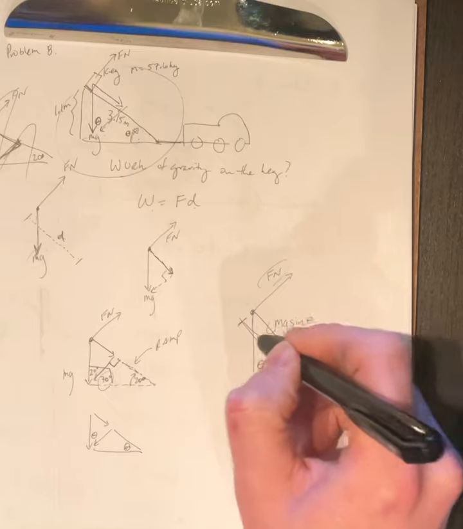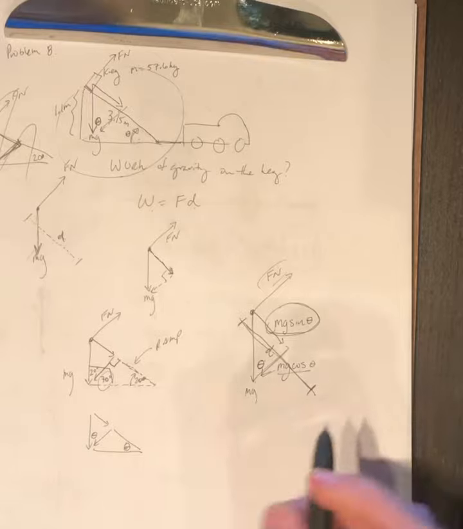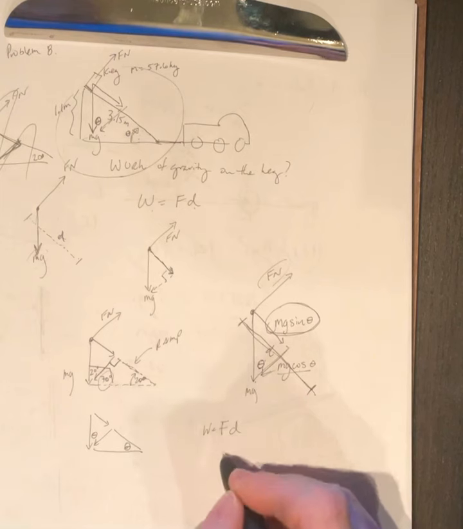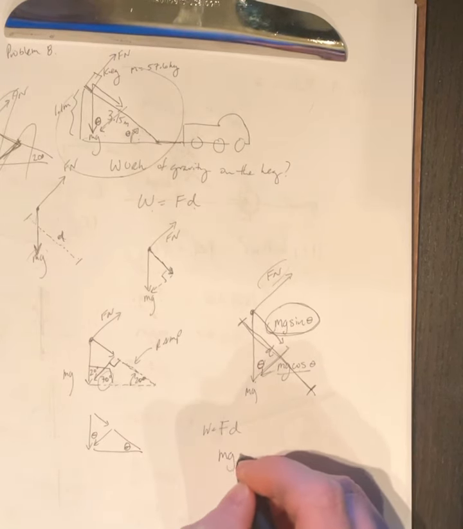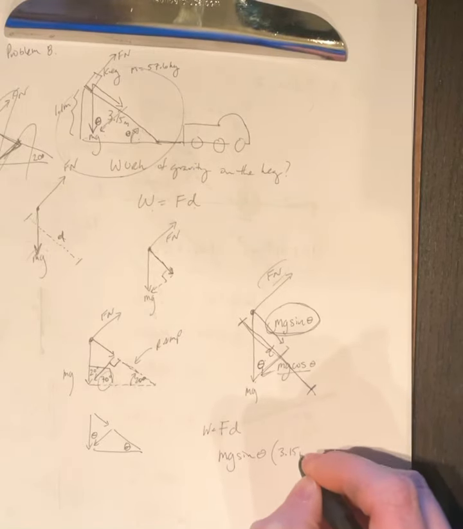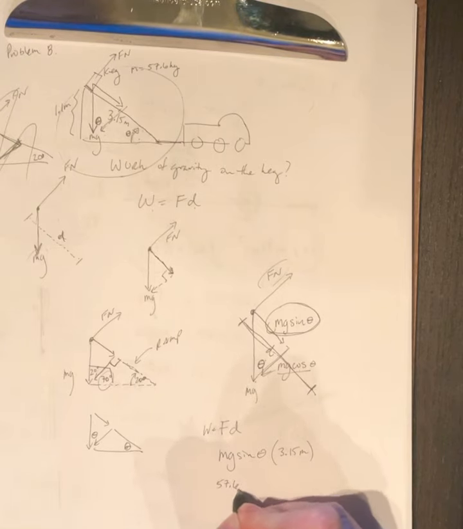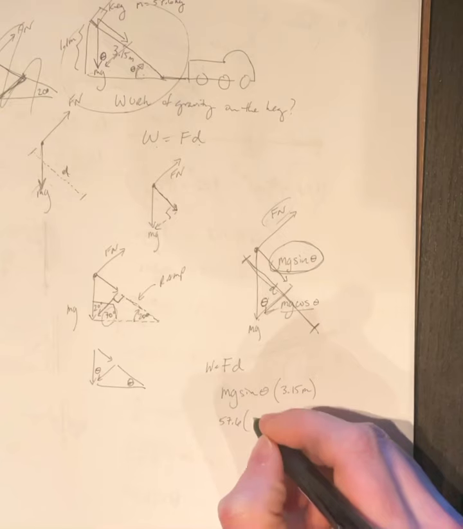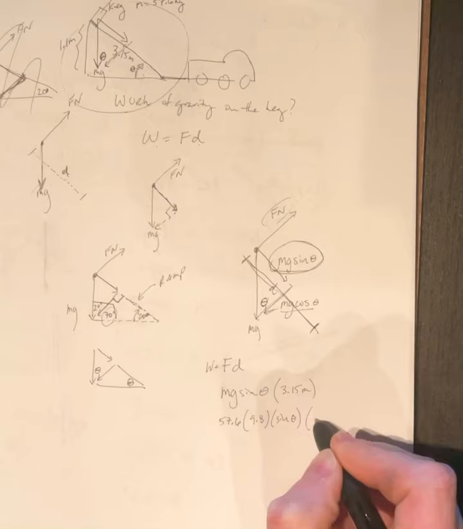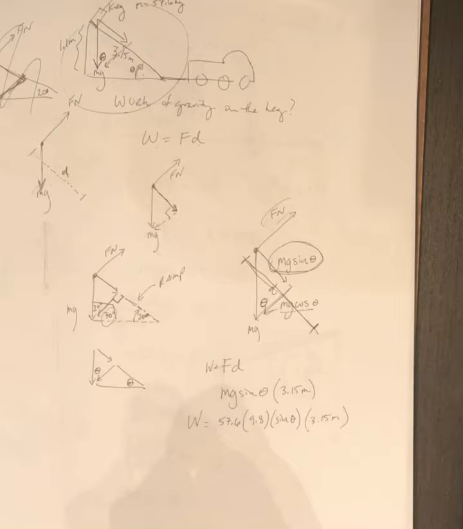The only one that's acting in that displacement vector is mg sine theta. So work equals force times displacement. The force is just mg sine theta. The displacement it gave us was 3.15 meters. So the mass of the keg was 57.6, times 9.8 times the sine of theta times 3.15 meters is equal to the work done by gravity.